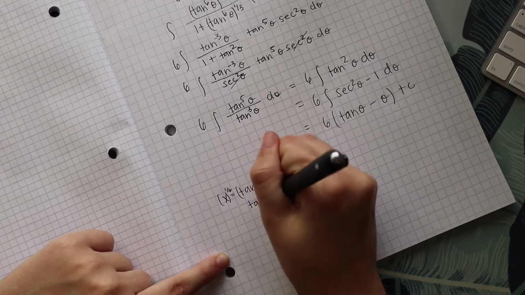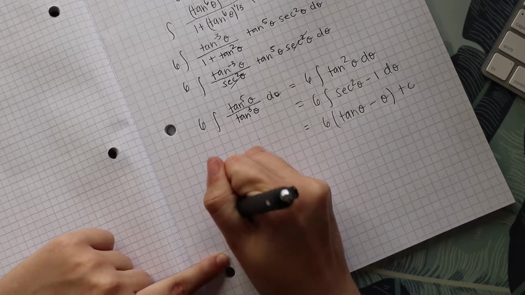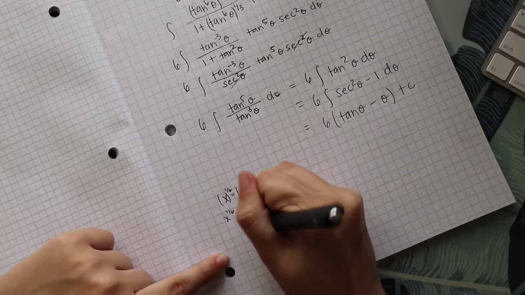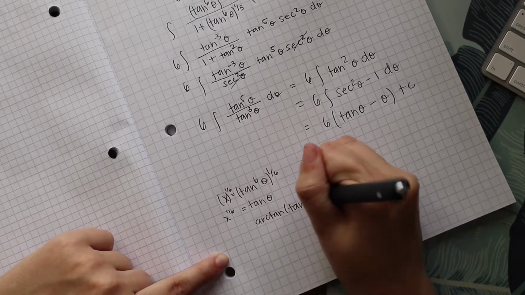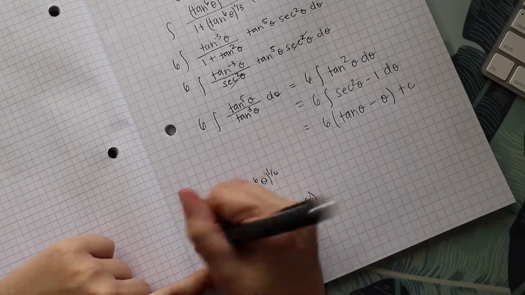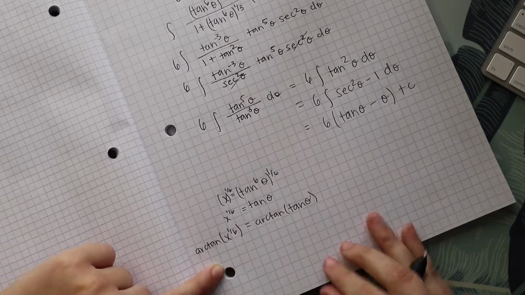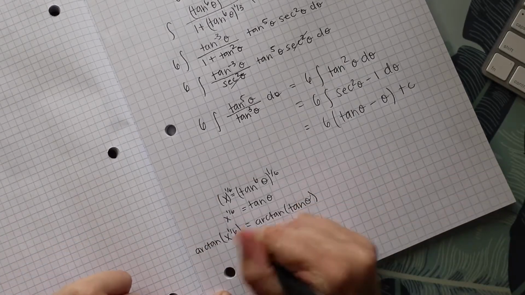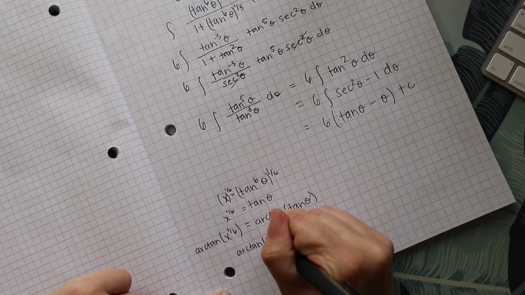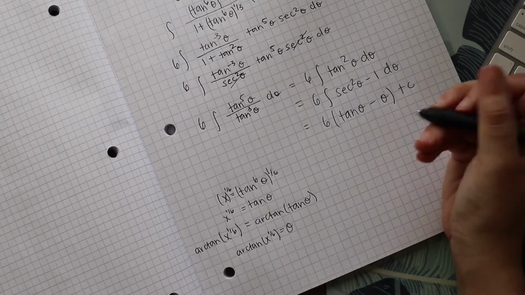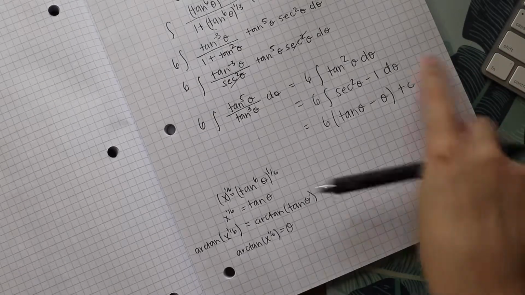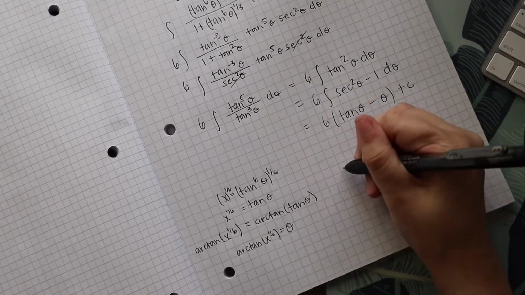So we get tangent theta is equal to x to the 1/6, and then take the inverse or arctangent of both sides. And then we'll plug this back in to our final answer here.